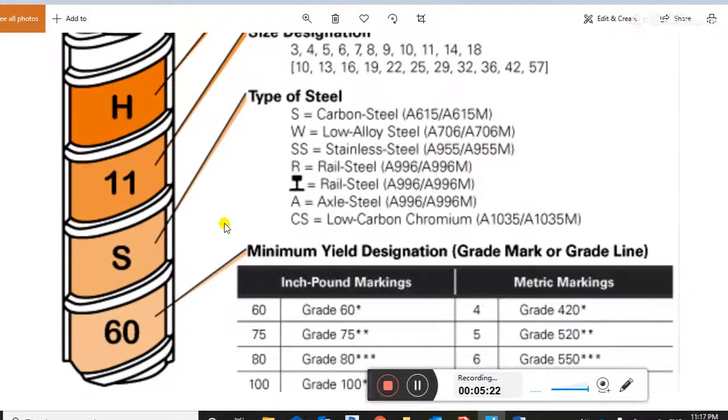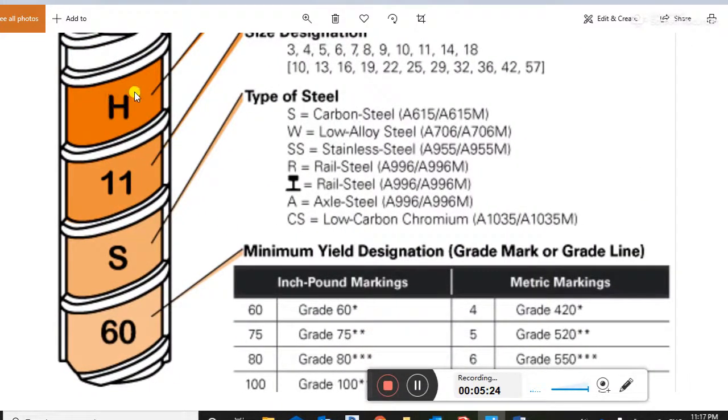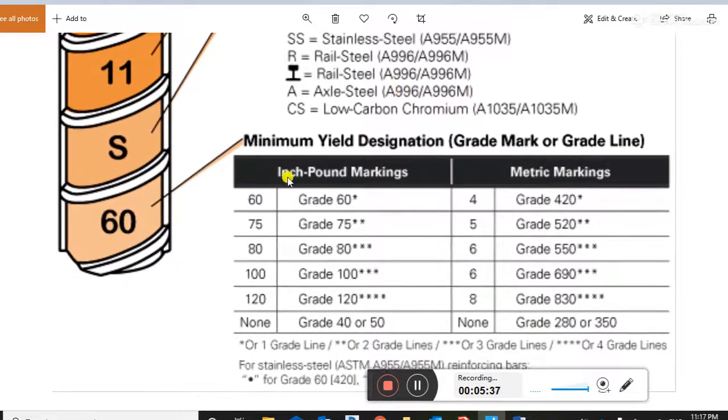This is the producing mill, this is the size, this is the type of steel, and this 60 is the minimum yield designation. 60 means grade 60. If it is 75, grade 75; if it is 80, grade 80; if it is 100, grade 100; 120, grade 120; and also grade 40 or 50.